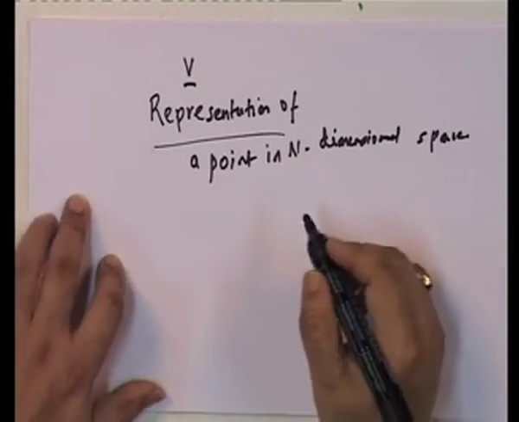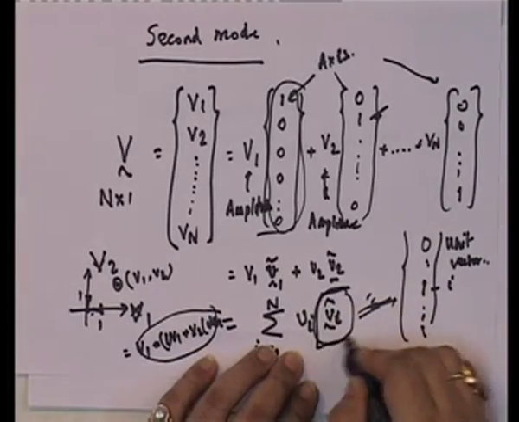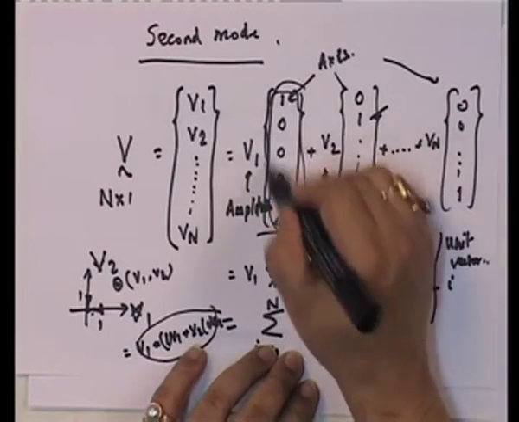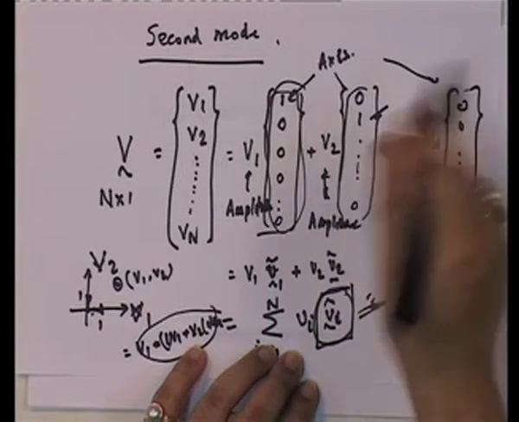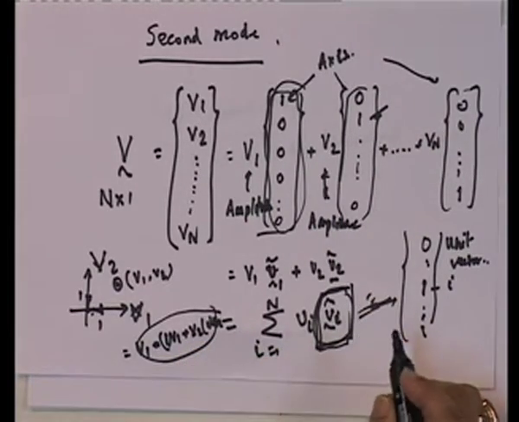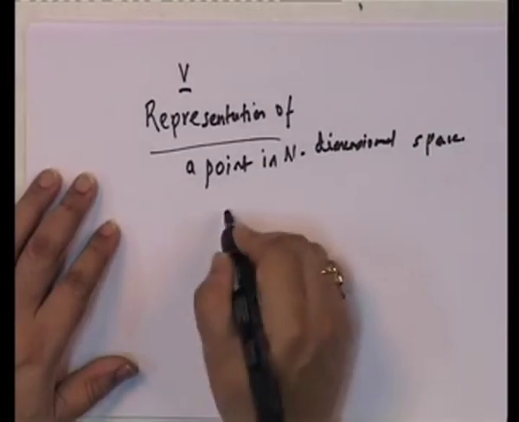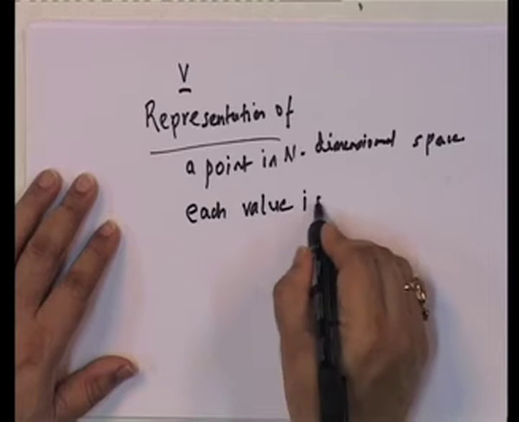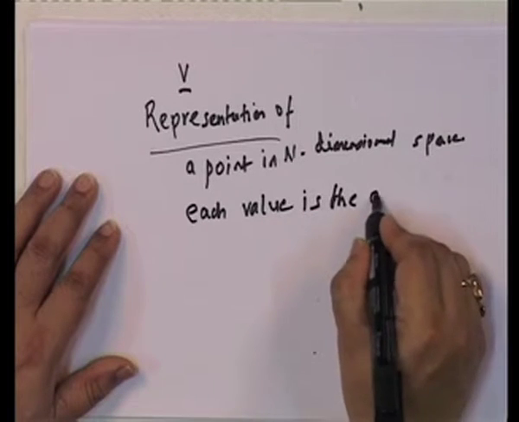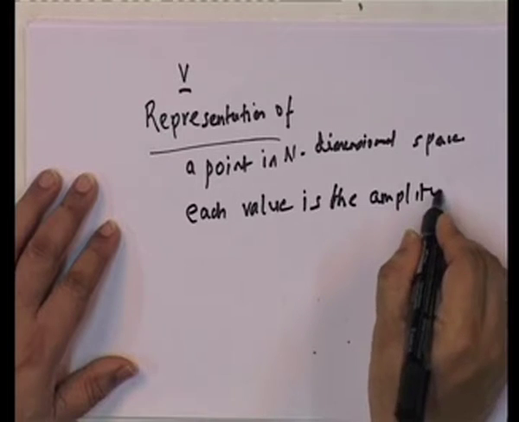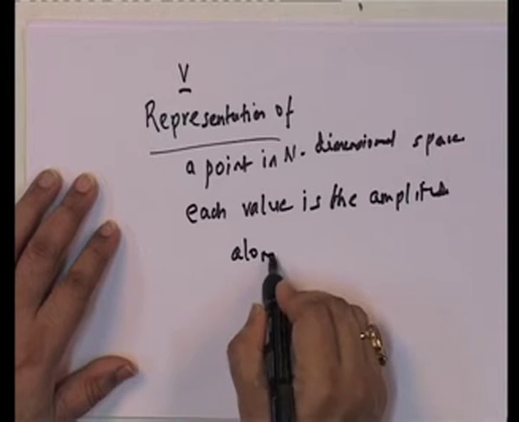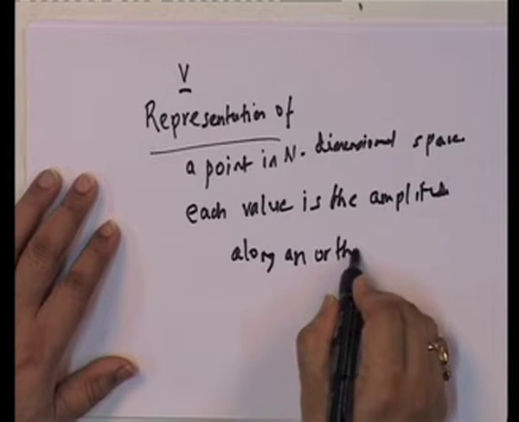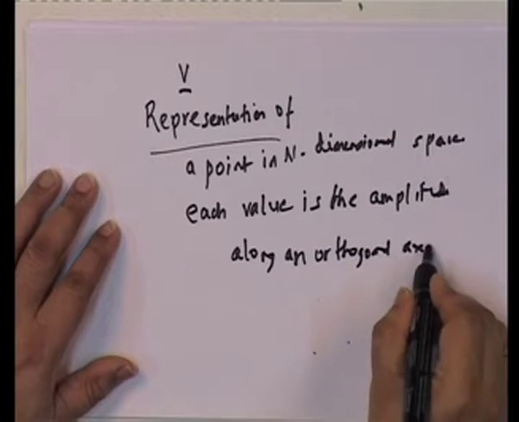where we know that these represent orthogonal sets. These are orthogonal. This one does not contain this one, does not contain this one. So, none of them contain each other. They are orthogonal. So, that is why we say n dimensional space, because each value is the amplitude along an orthogonal axis.